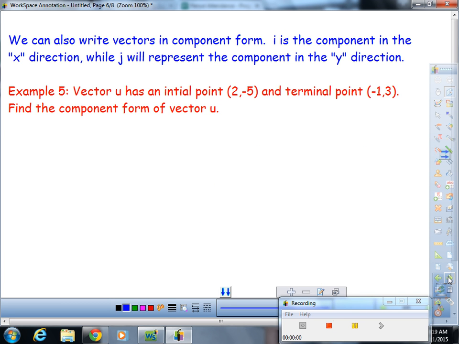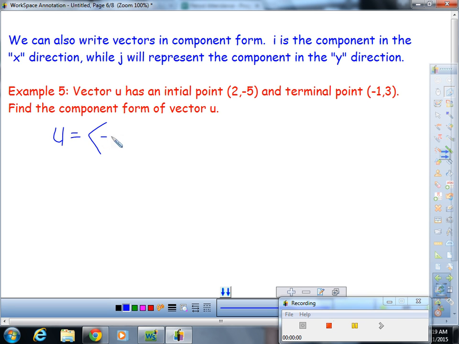We can also write vectors in component form. We bring in these i's and j's. If you're wondering, soon we will be talking about k's, and that'll be in the z direction. So this is very simple. So we're going to say that u, first I'll just write it in vector form. So initial point, terminal point.